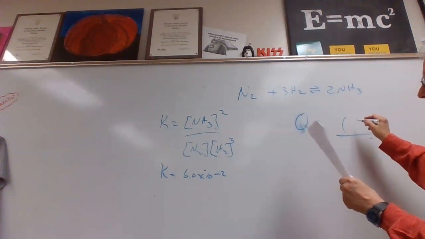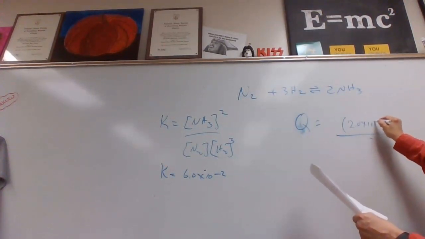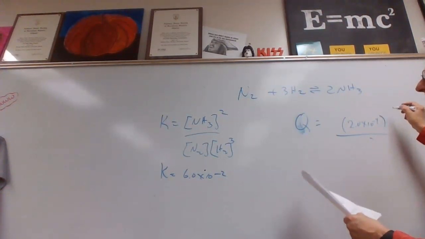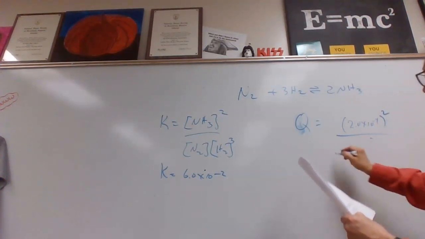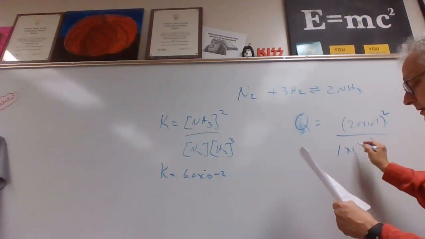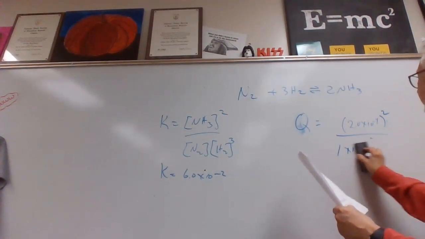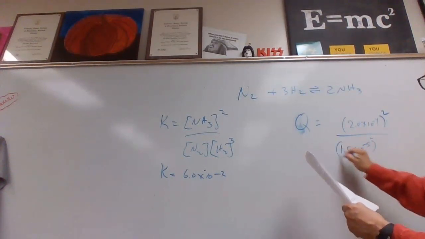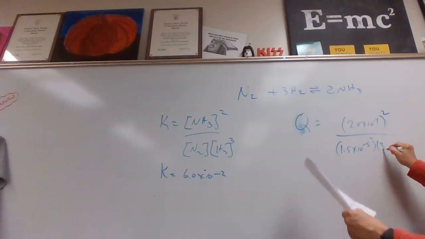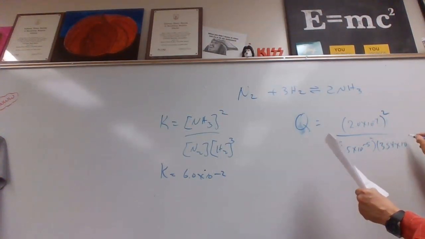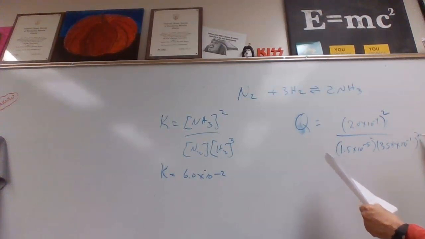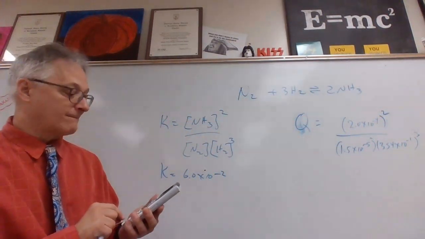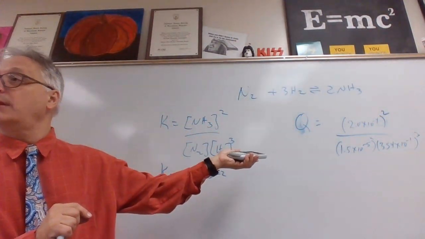I've got 2.0 times 10 to the minus 4 mole, and that's going to be squared, over 1.5 times 10 to the minus 5, and over here we've got 3.54 times 10 to the minus 1, which has to be cubed. So this one we'll have to plug in. Anyone have a value for it? Anyone get one?